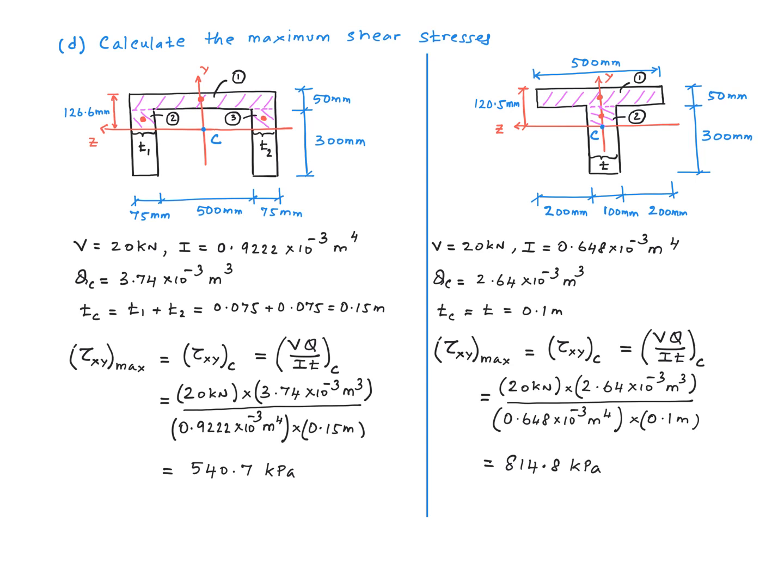We ended up having kilonewton per meter squared, right? So that's kilopascal. And the number is 540.7. So in other words, the maximum shear stress on this cross section for a shear force of 20 kilonewton is 540.7 kilopascal. And the maximum shear stress works out to be 814.8 kilopascal for this T-beam.